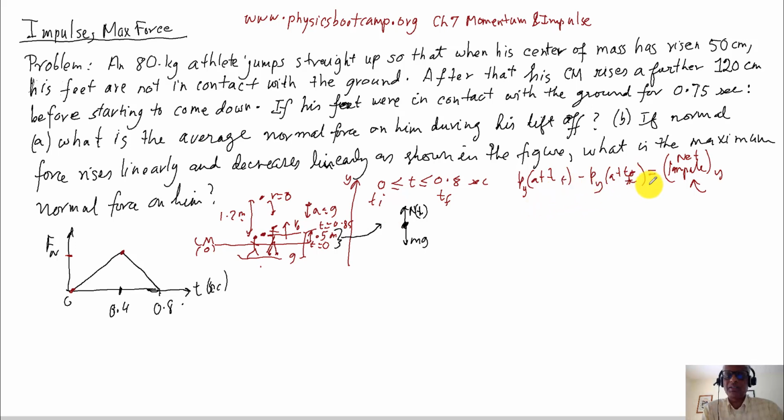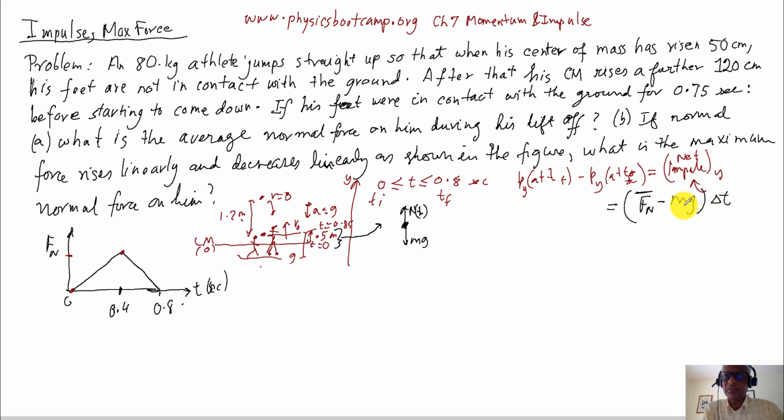Let's look at just the average first. So we'll just look at the average impulse. This will be some kind of average normal force minus mg, times how much time it acted, be equal to that, right?